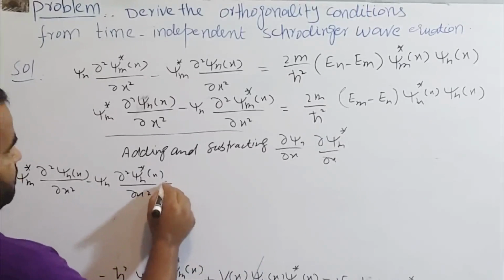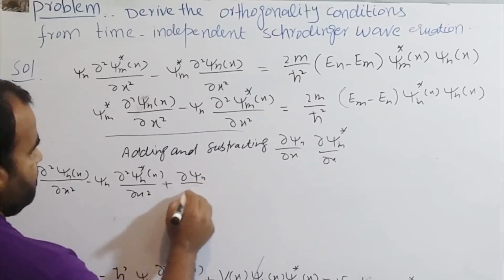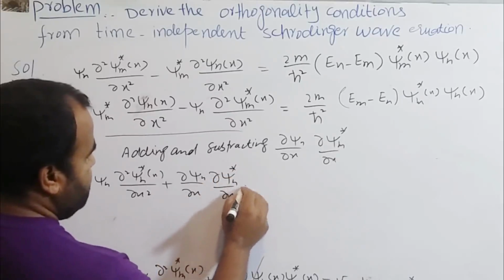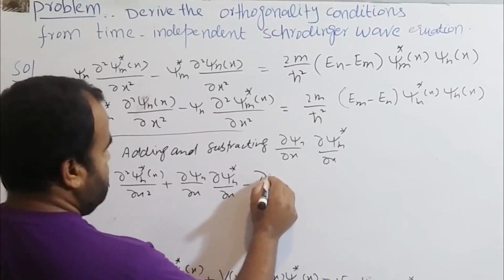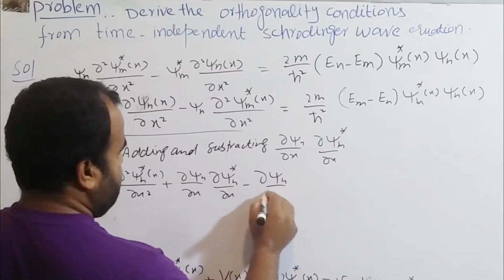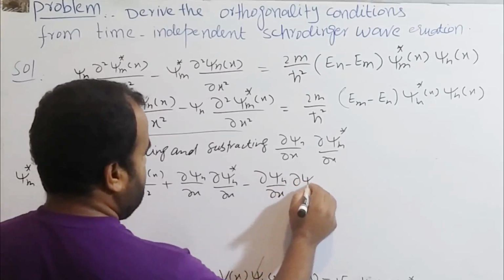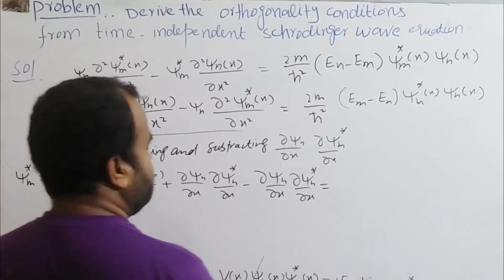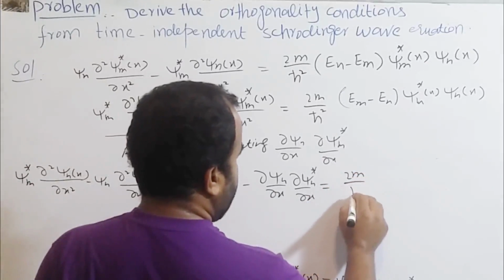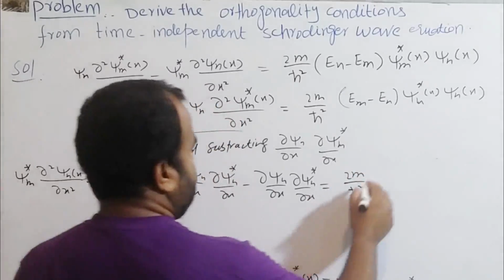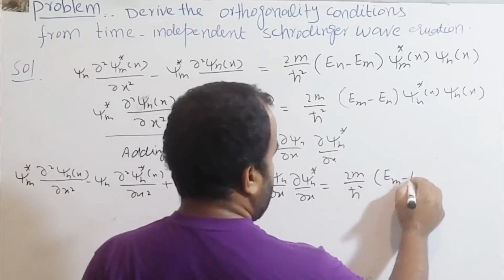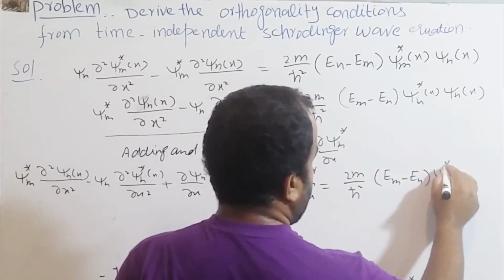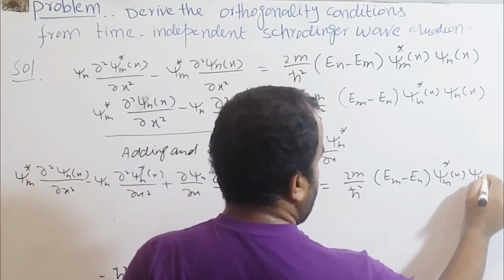Add this term plus ∂ψn divided by ∂x ∂ψm* divided by ∂x, and now subtract ∂ψn divided by ∂x and ∂ψm* divided by ∂x, is equal to 2m divided by ħ², and this is Em minus En, ψm* and ψn of x.